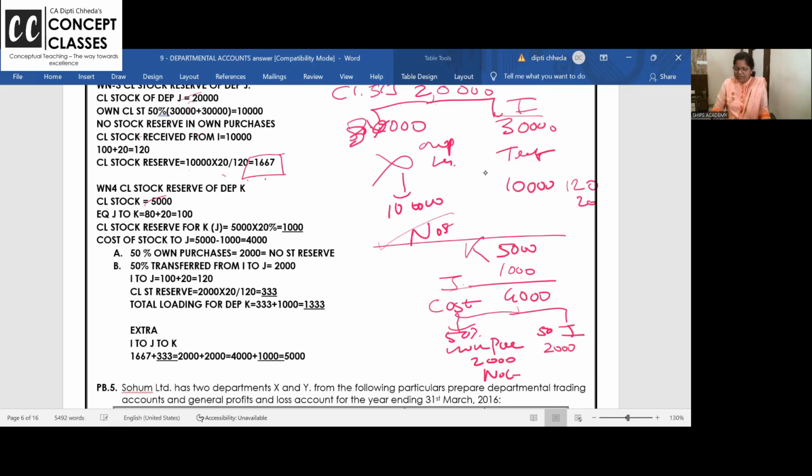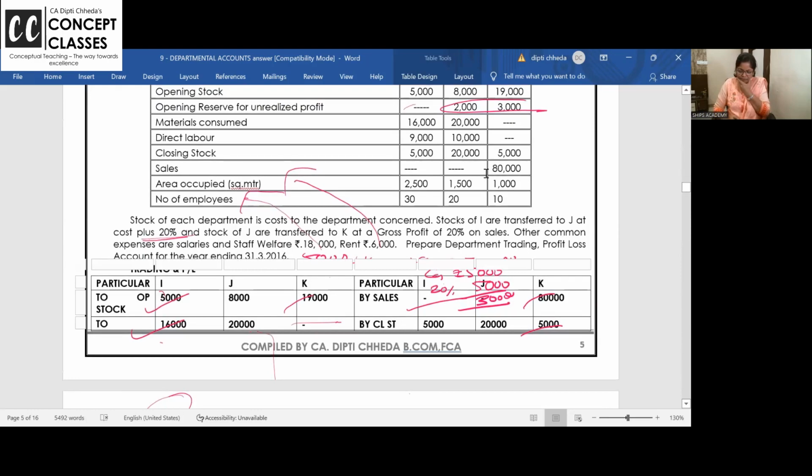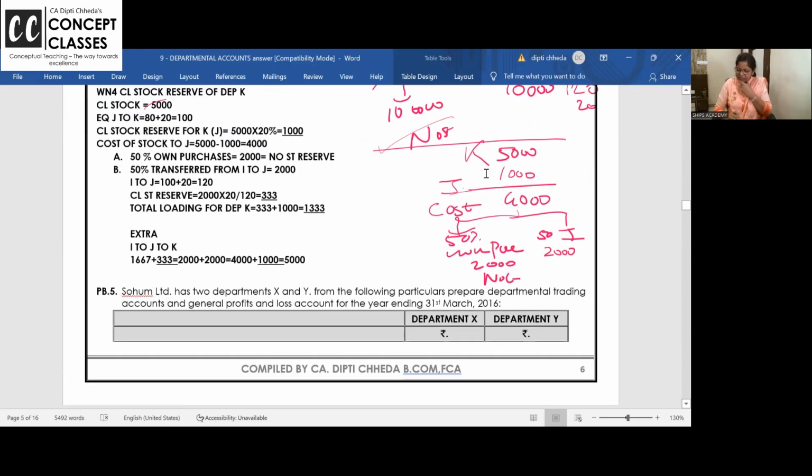In 2,000, which J is transferring to K, in that I's loading is also there. और I का loading आपको मालूम है कितना है? I to J, 20% on cost. So this 2,000 into 20 by 120.